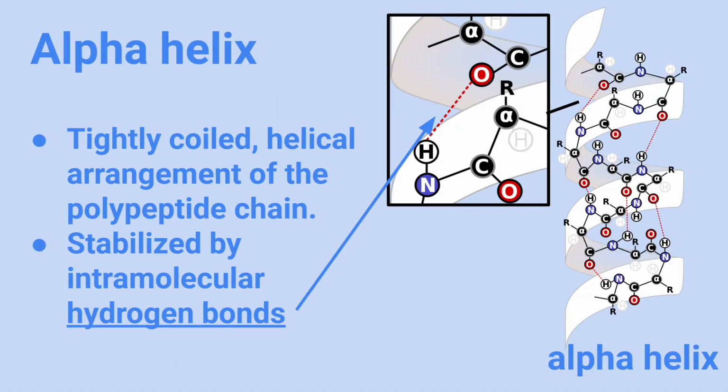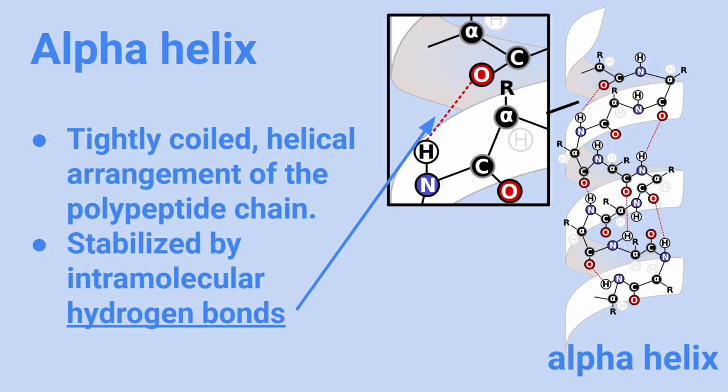The alpha helix is a prevalent and essential secondary structure found in proteins, characterized by a tightly coiled helical arrangement of the polypeptide chain. This structural motif is stabilized by intramolecular hydrogen bonds formed between the carbonyl oxygen of one amino acid residue and the amide hydrogen of an amino acid residue 4 positions away.